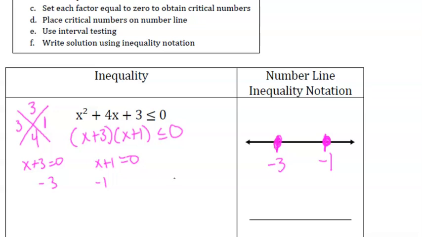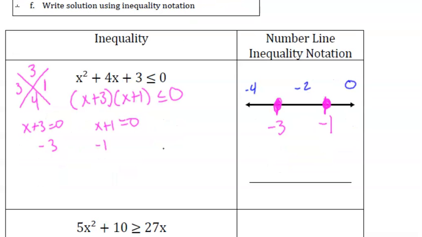So let's go ahead and do that. Let's just say we're going to use -4, -2, and 0. Those are going to be our test points. It could have been any numbers as long as they fit those criteria. Those just look like easy numbers to work with.